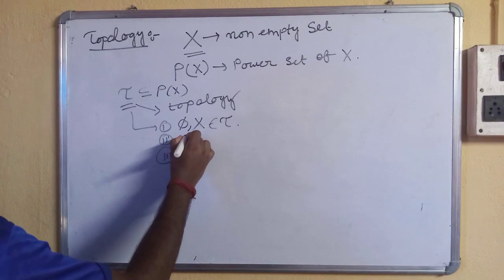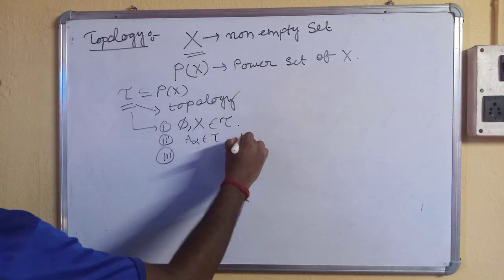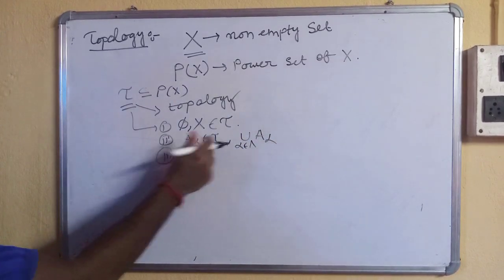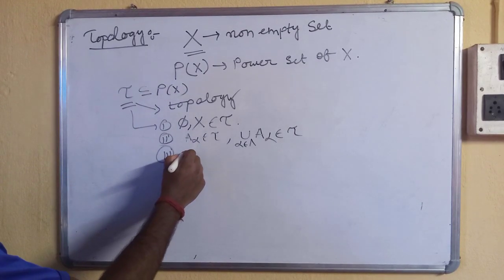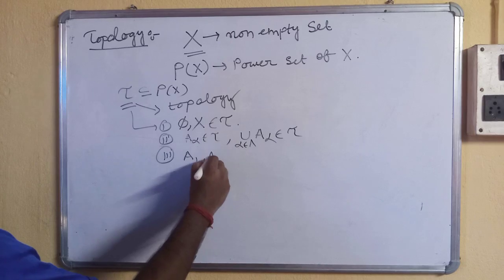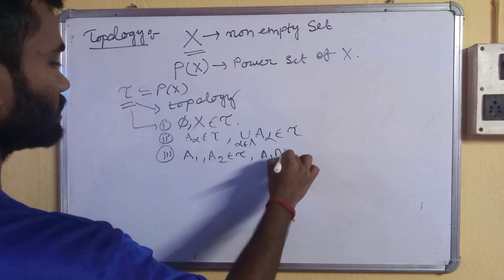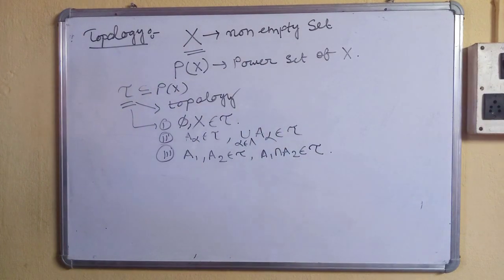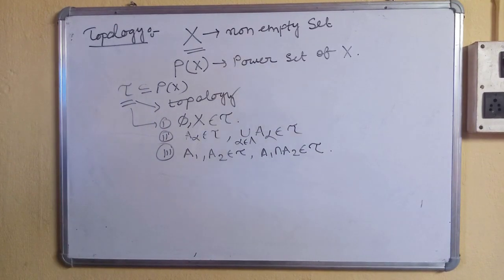That is, if we take A alpha from tau, then the arbitrary union of this collection is again in tau. And number 3, if we take any two elements, say A1 and A2, from tau, then their intersection will again be in tau.